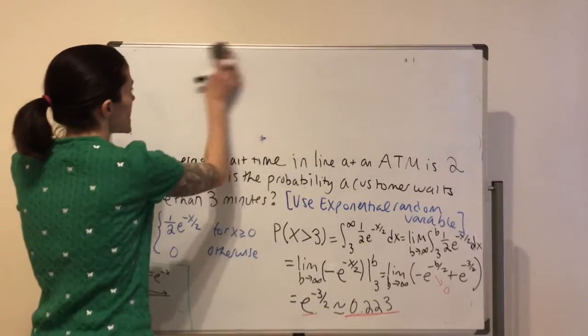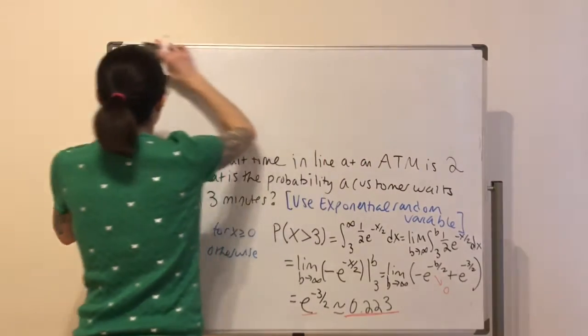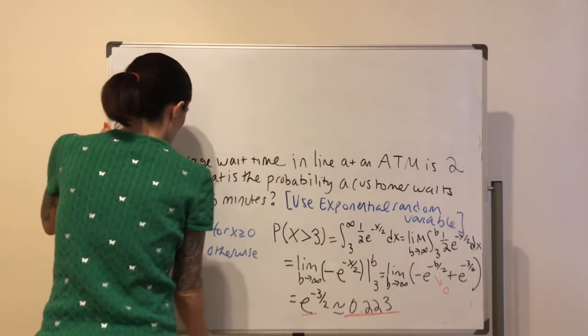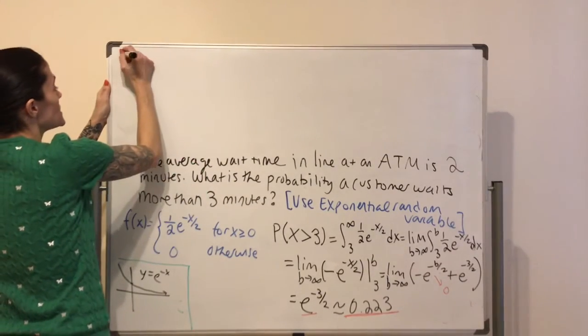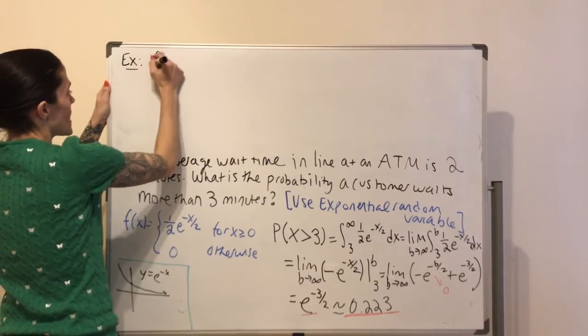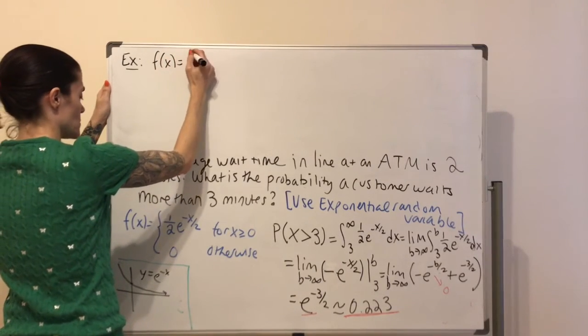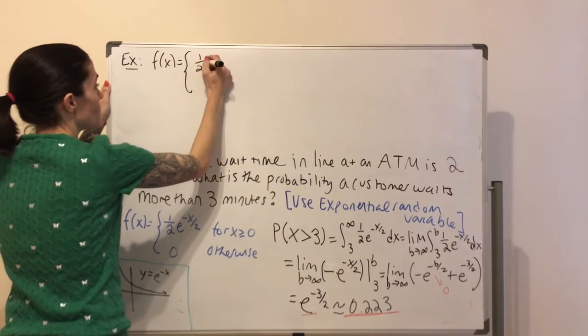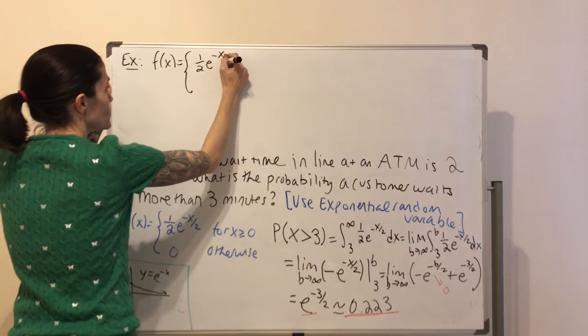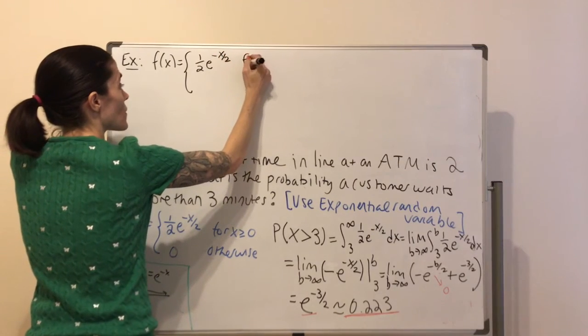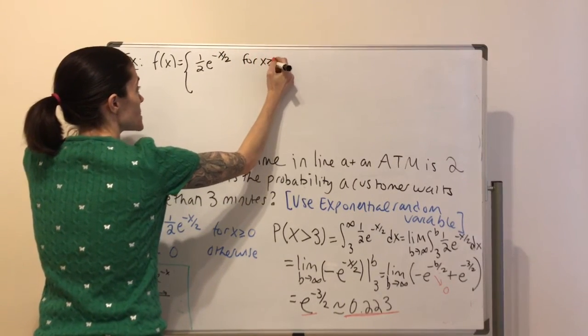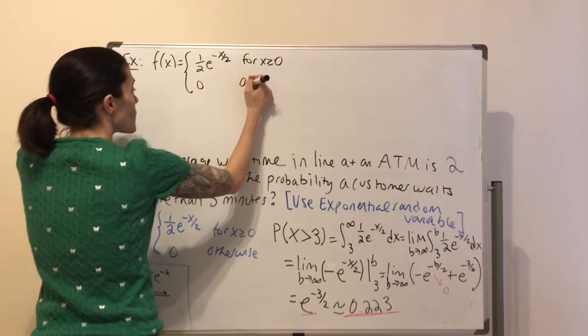Right, I just said if you have mean mu, this is the formula, but I didn't actually verify anything. So now let's do the same example. So we have f of x equals 1/2 e to the minus x over 2, and this is for x bigger than or equal to 0 and 0 otherwise.